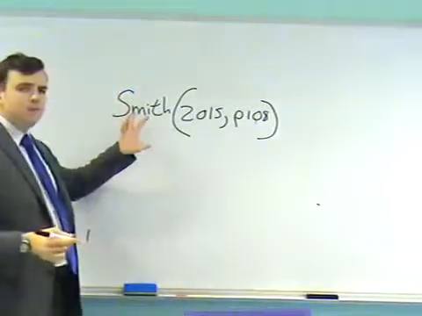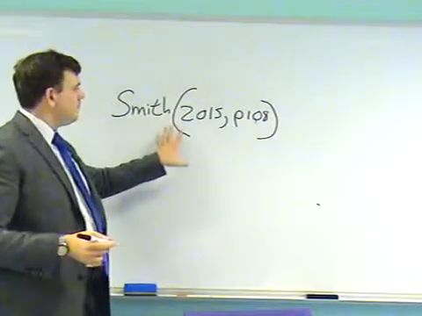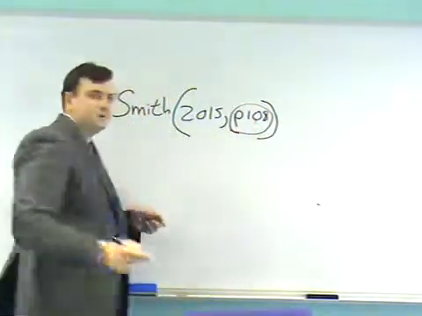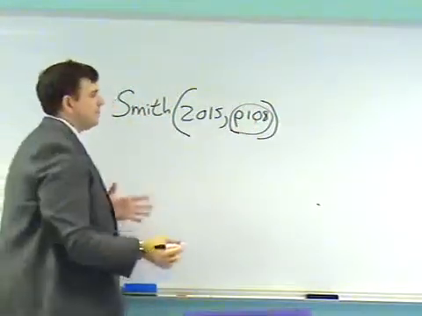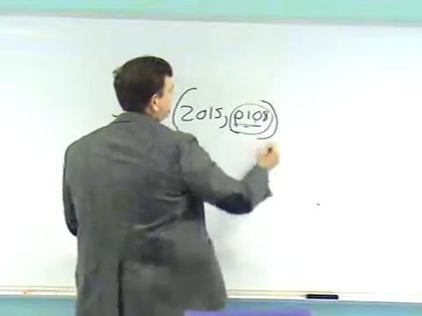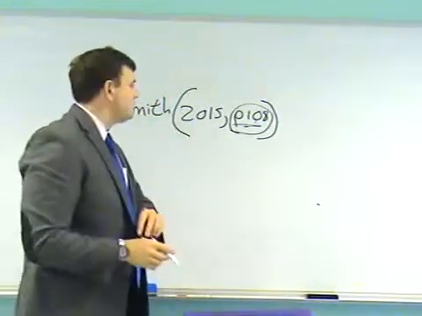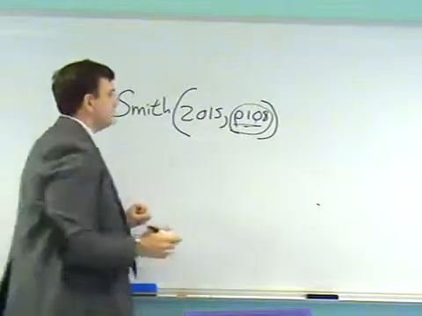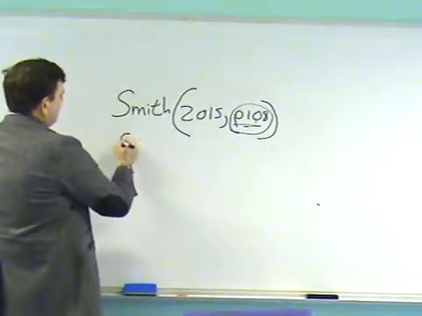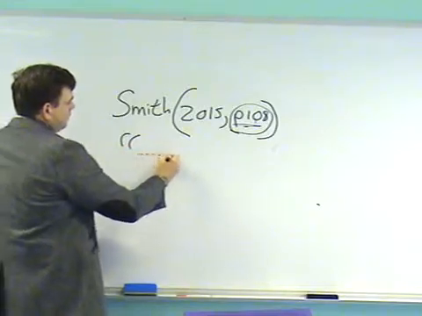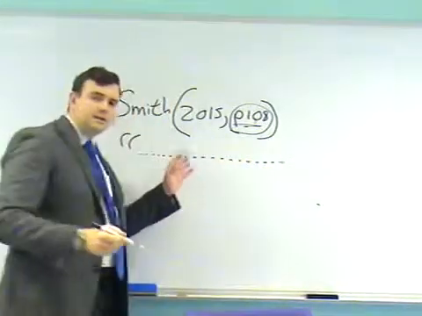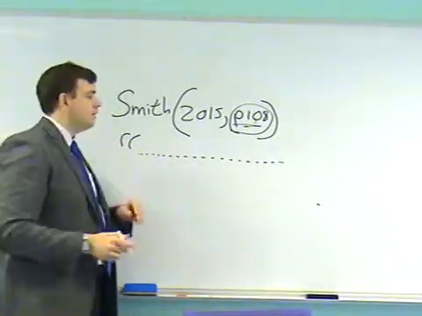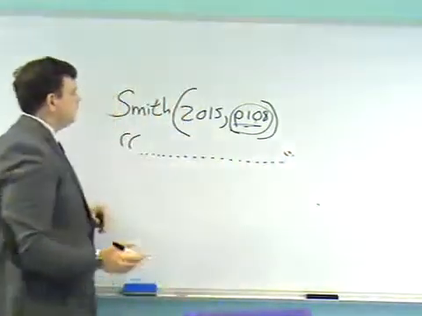So last name, always Smith, open brackets, 2015, comma, page number, this time is included. So paraphrasing, we don't need to include the page number, but for direct quotation, we need to, and then close brackets. Okay. Following this, you would have your actual direct quotation. You would have your quotation marks open, and then you would write exactly what the author has written in his or her piece of work, and then you close quotation mark.